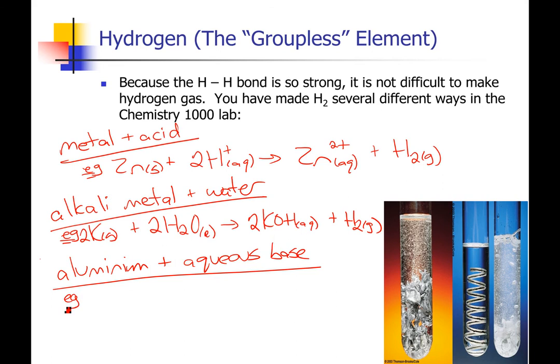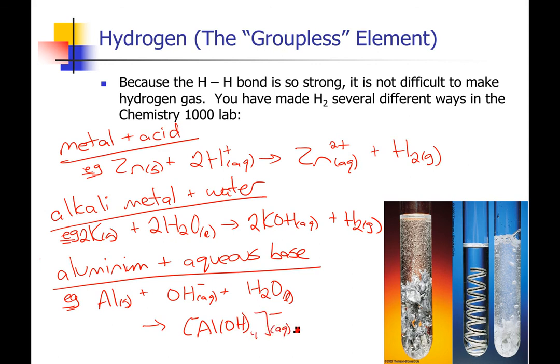So, for example, if we took aluminum metal and reacted it with hydroxide in the presence of water, then we wound up with everybody's favorite aluminum-containing anion and hydrogen gas. And to balance this one, you need 2 of these, and 2 of these, and 2 of these, and 6 waters to get 3 hydrogen gas.